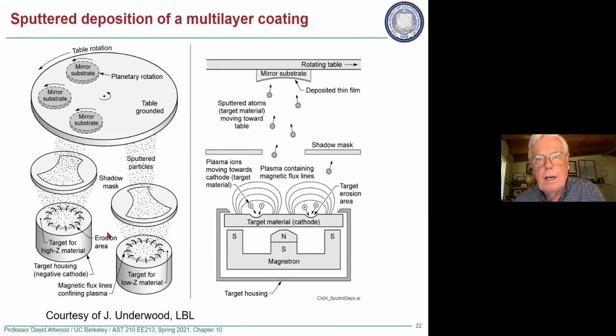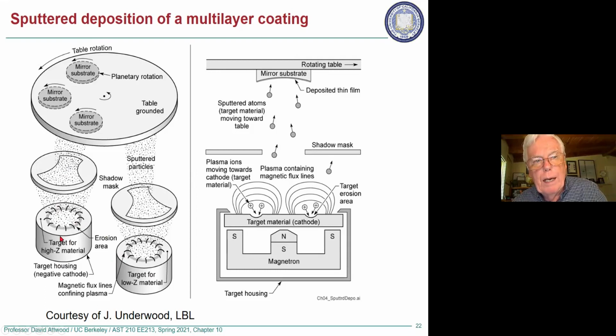I think there's an argon gas here, and there's an ionization that drives the discharge in both cases, and the argon ions come in and are accelerated by an electric field and hit the target, the raw target material. So for instance, tungsten and carbon, or moly and silicon, some pair.